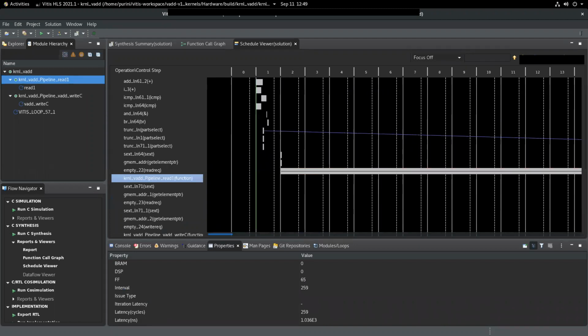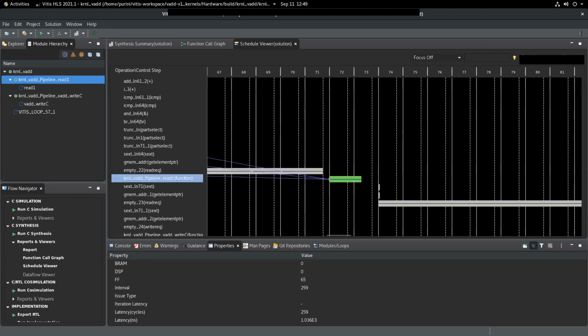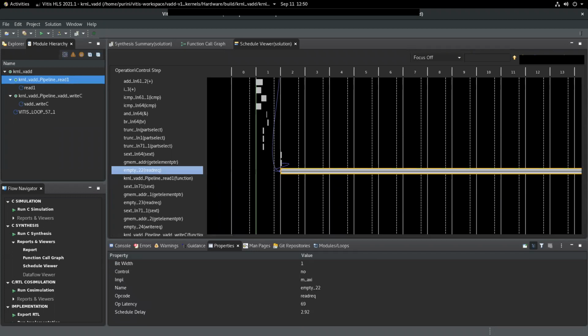What is happening here? There is this empty read request. What I don't understand is why there are 70 clock cycles. This is the read one loop, the first loop where we move data from the global memory to DDR RAM. Before that, there is this empty underscore 22 read request. I think this could be a transaction to set up the DDR memory read, or I don't know. For the time being, just leave it there.